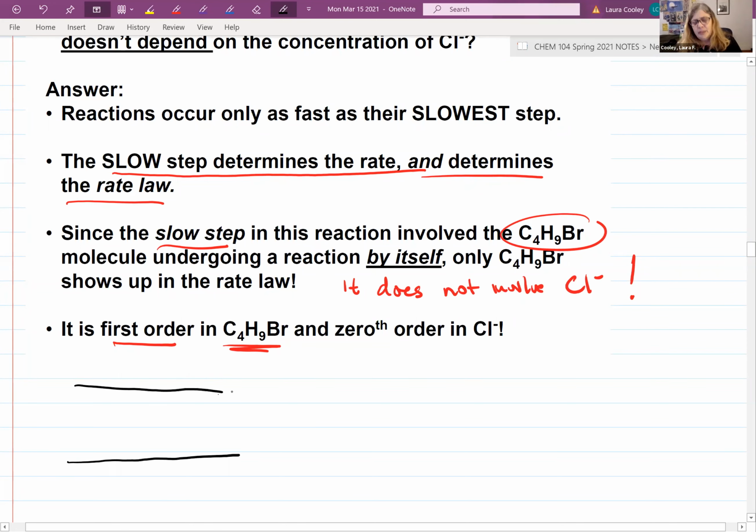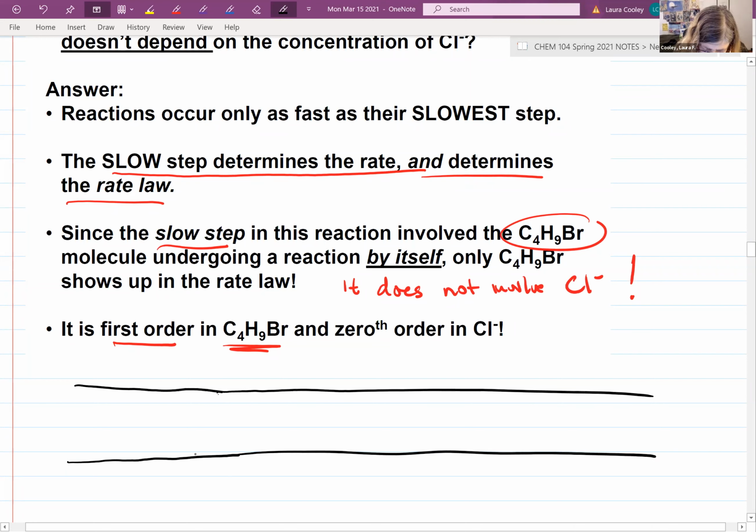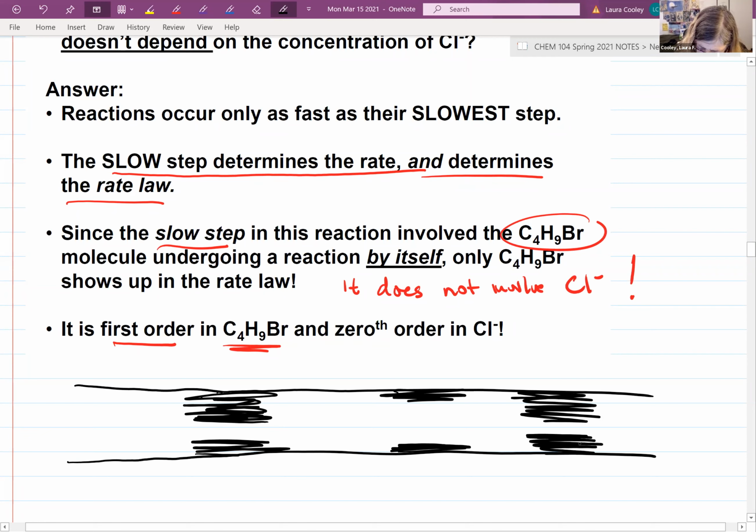So let's say we have this big pipe, but we have buildup over here, and then maybe some buildup over here. So the pipe gets very narrow here. Here it's not as narrow. And here it's really built up.